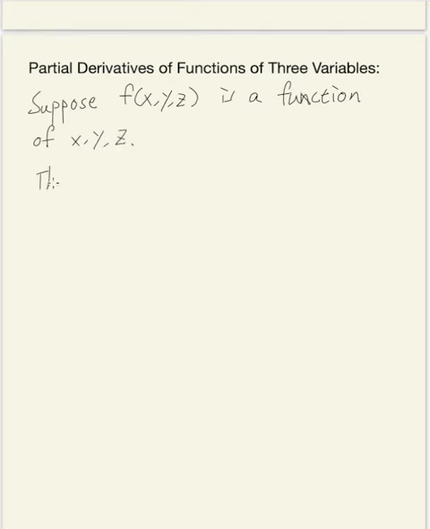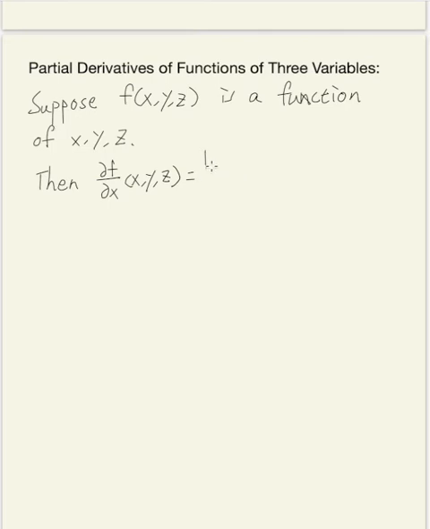Then, since this is a function of 3 variables, we get 3 partial derivatives. First is df dx, and then df dy, df dz. And all of them are, once again, functions of x, y, and z.